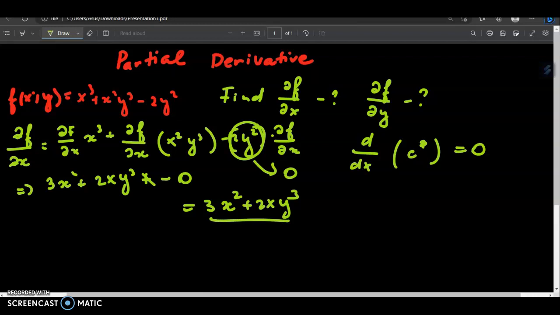So let's find ∂f/∂y. We should take the derivative with respect to y, right? So ∂f/∂y: every term we should differentiate separately.